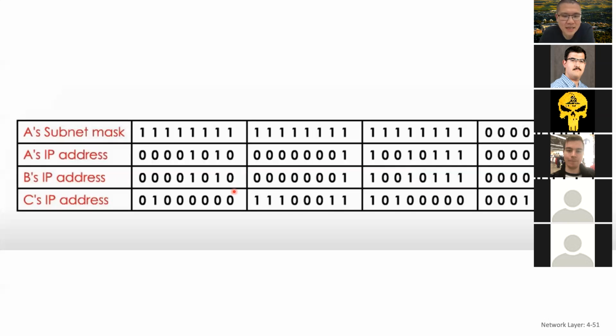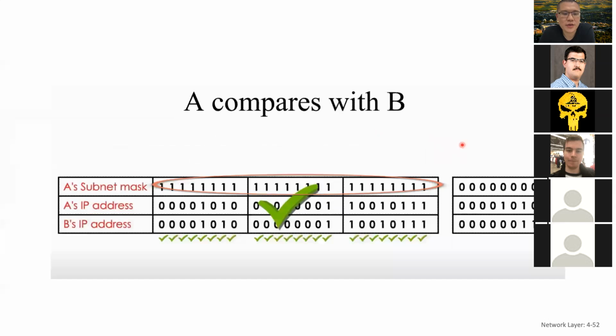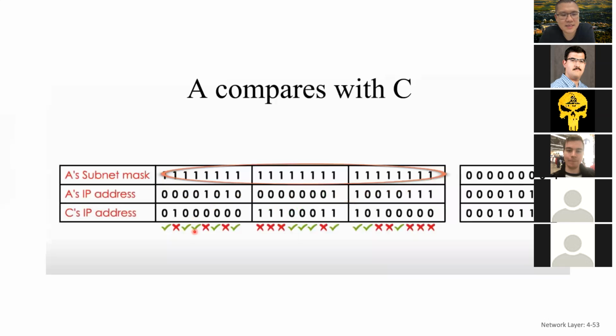Okay. So the /24 subnet mask just indicates that the first 24 bits are used for different subnets and the last 8 bits for the devices hosted within the subnet. So you can use the 24 bits to identify that A and B are in the same subnet, and you can see C and A are not in the same subnet, even from the first 8 bits.